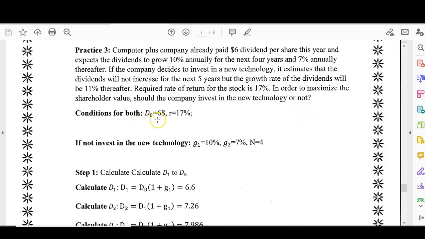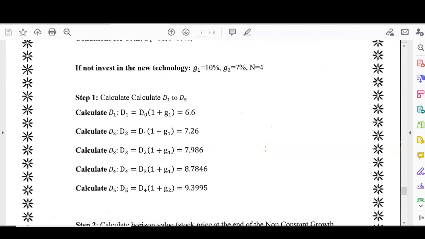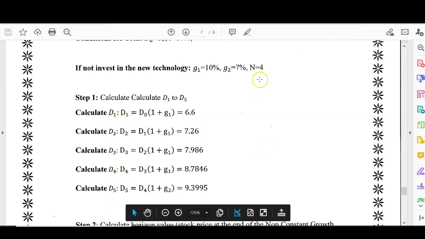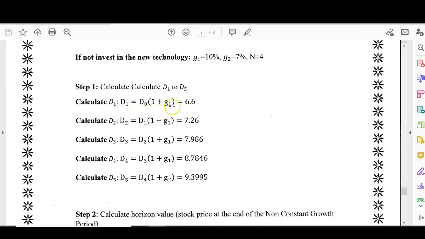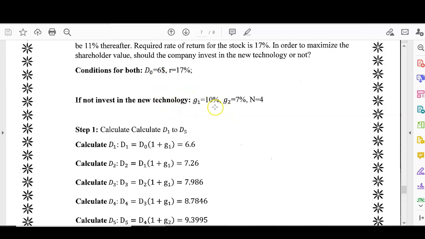Conditions for both: D0 again is $6, R is 17%. In the first case, not investing, we have G1, G2, and N of 10, 7, 4. Step 1, we calculate from D1 to D5 because our N is 4. D1 is D0 multiplied by 1 plus G1, so it's 6 multiplied by 1 plus 10%.